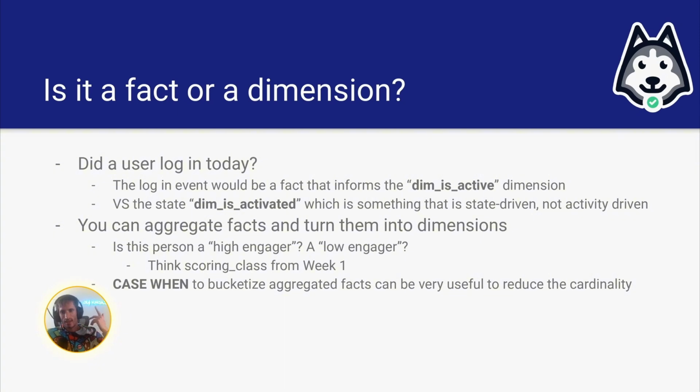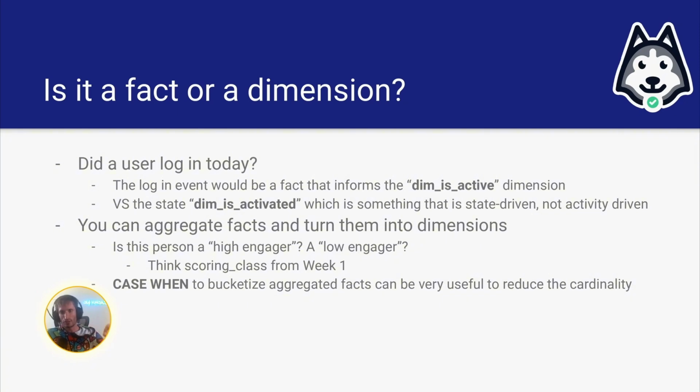dimensions that are on a user object. For example, dim is active was based on, well, did they have any activity? I think it was like, did they show up for at least a minute on the app? Or they showed up for less than that, but they had an engagement, like a like, a comment, or a share.